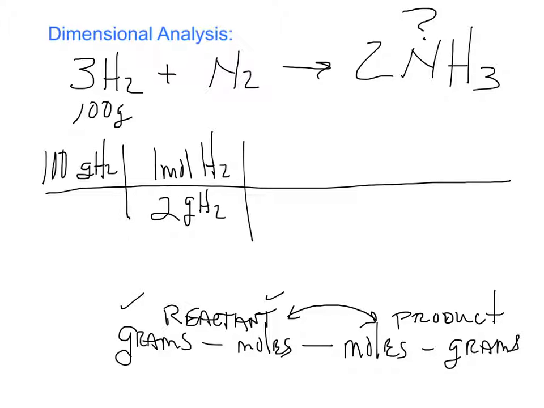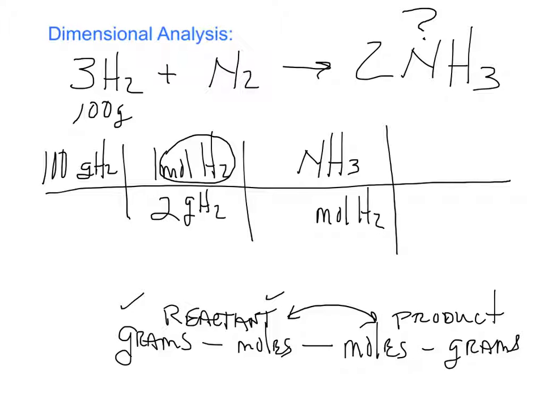So now I'm going to go moles to moles, as it shows me down here. I put where I want to go on top. So that would be ammonia. And I immediately take, like we talked about, what we have at the top here and put it down at the bottom over here. Okay, put my other fence post in here.